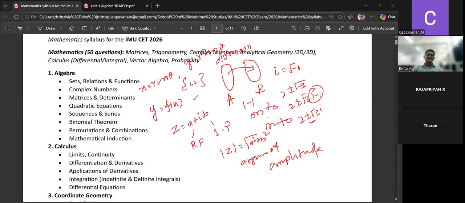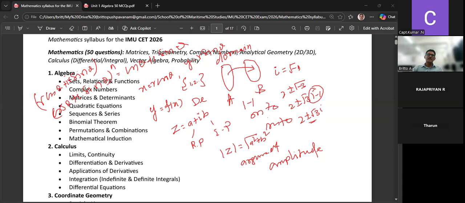Then in this same complex number, we have De Moivre's theorem, right? De Moivre's: r cos theta plus i r sin theta whole to the power n. So we keep r outside. So cos theta plus i sin theta whole to the power n, we write as cos n theta plus i sin n theta, right?